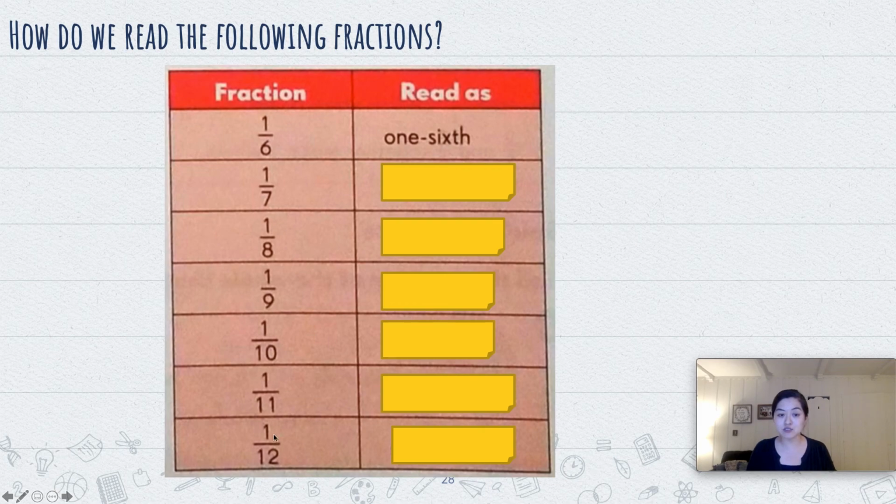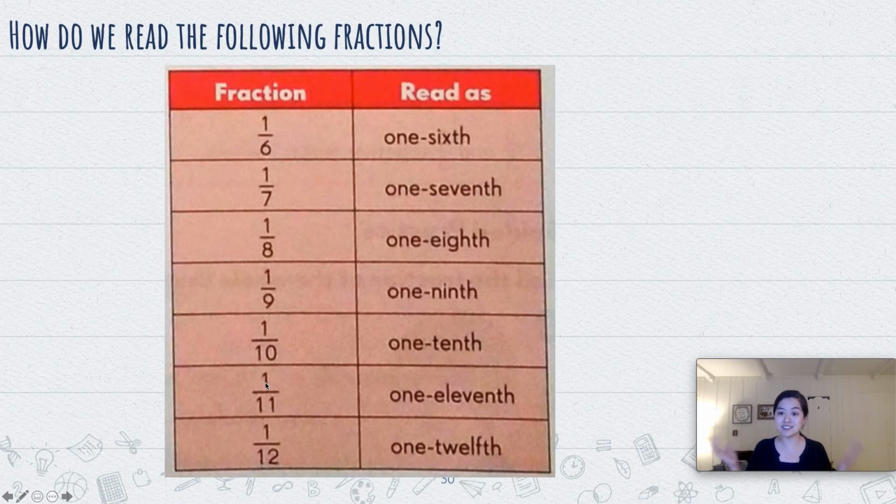Let's look at this last one, 1 out of 12, but we read it as 1 twelfth, not 1 twelve. And here, this would be 1 seventh, this would be 1 eighth, this would be 1 ninth, this would be 1 tenth, this would be 1 eleventh, like so.